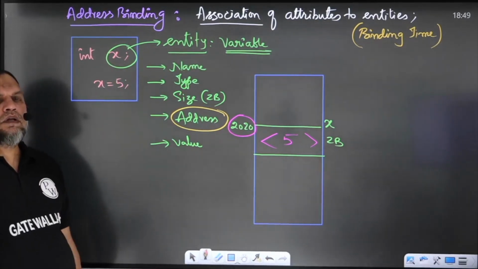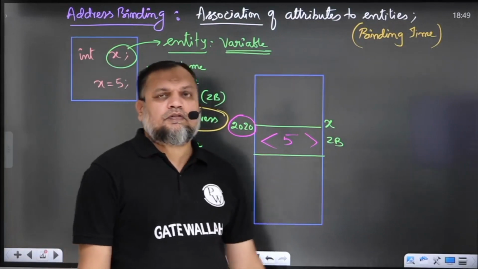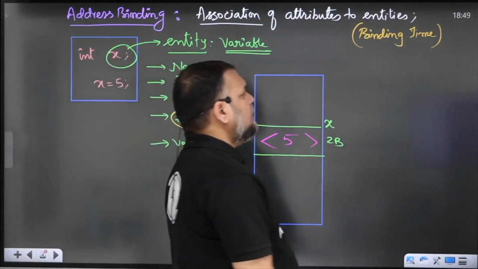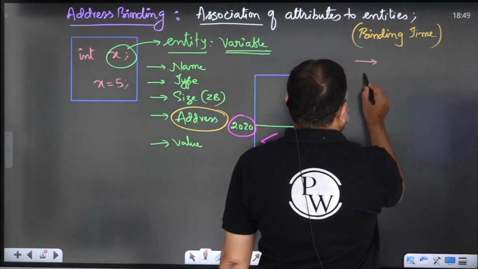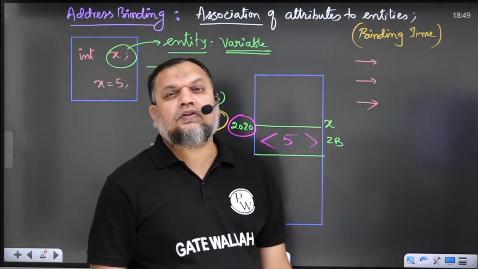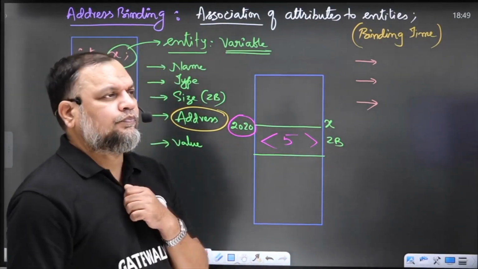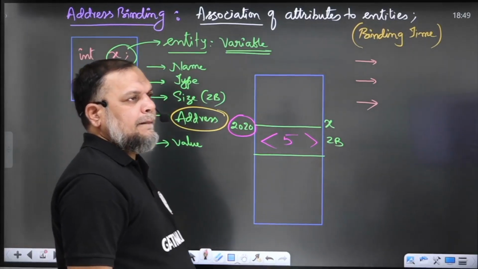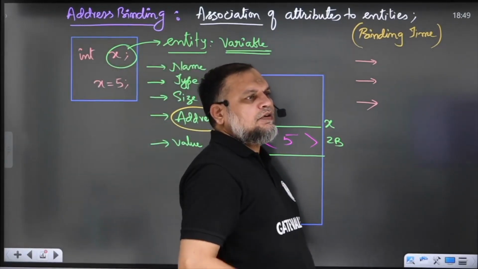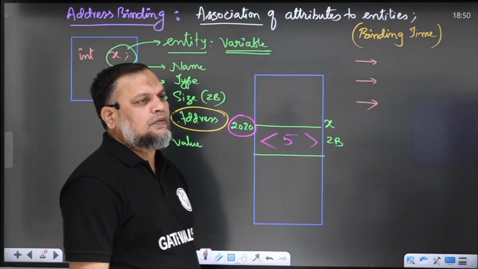Now listen. The time at which these bindings take place is called binding time. For programming, from your exposure to programming, what are the different binding times? What are the different times at which this binding takes place? Not assignment time.